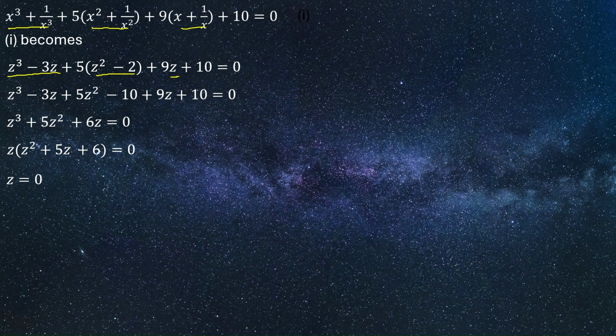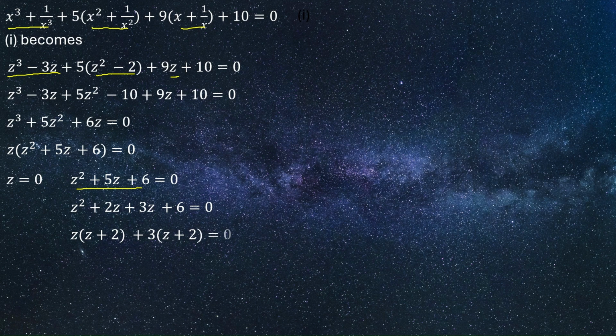It gives z is equal to 0, or z square plus 5z plus 6 is equal to 0. Now we factorize this and get z square plus 2z plus 3z plus 6. Eventually it gives (z plus 2) into (z plus 3), and it gives z plus 2 is equal to 0, z plus 3 is equal to 0. So we have obtained the values z is equal to 0, z is equal to minus 2, z is equal to minus 3.